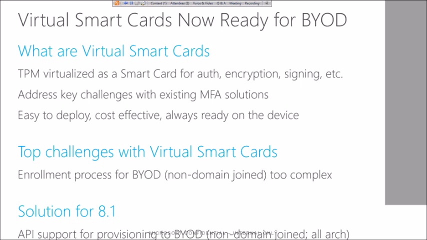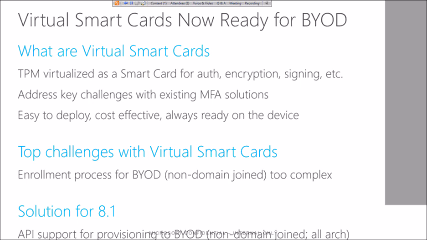It was a hassle. And guess what? If I don't like it, how should I evangelize that security capability, right? So with the release of Windows 8.1, we did some significant improvements around that to make virtual smart cards ready for BYOD.